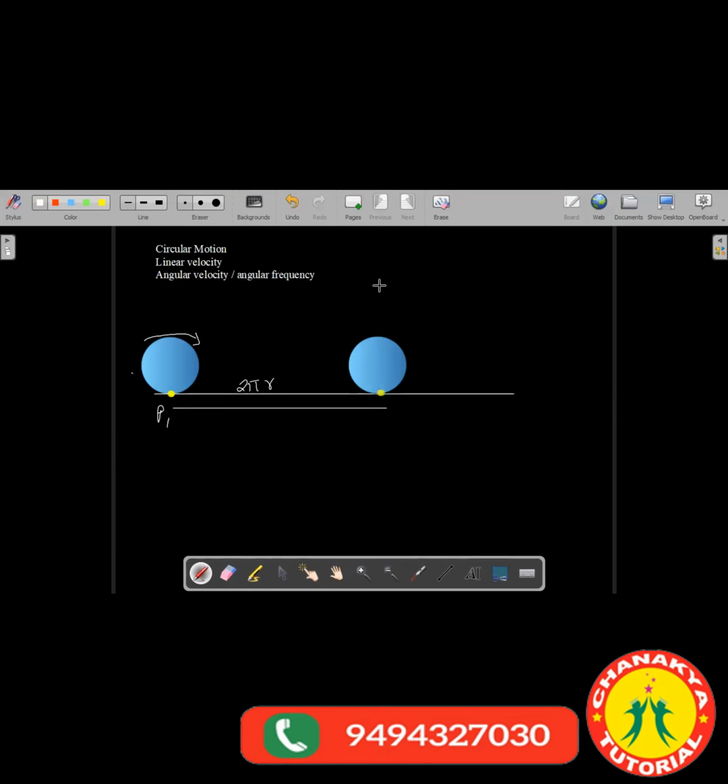So we can write here, during one rotation, the linear distance traveled will be equal to 2 pi r, and that is the distance from the point P1 to P2, the linear distance.